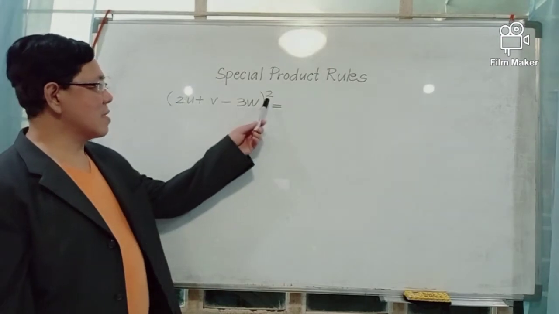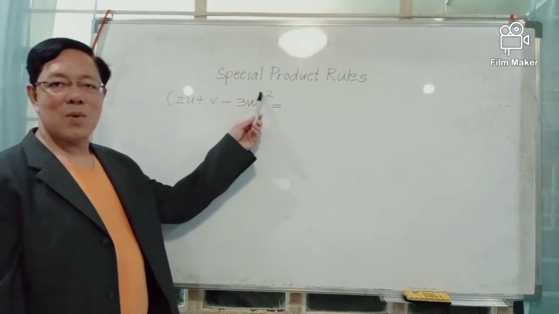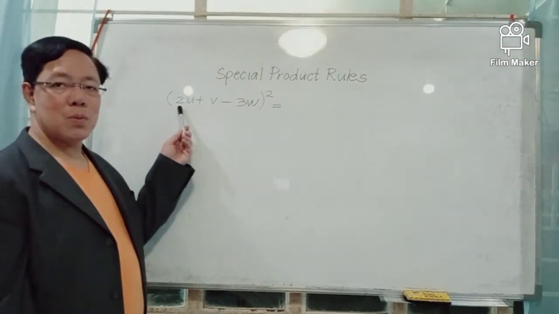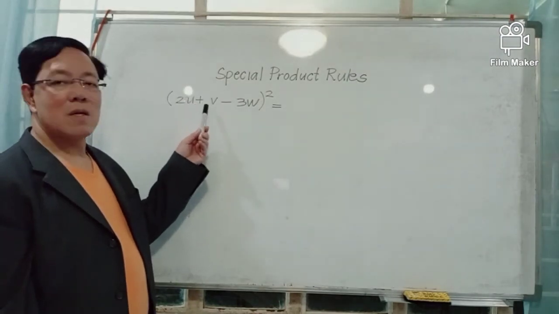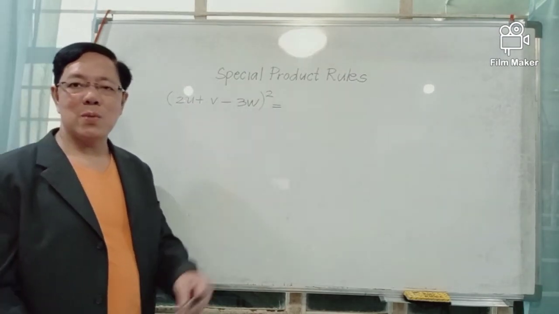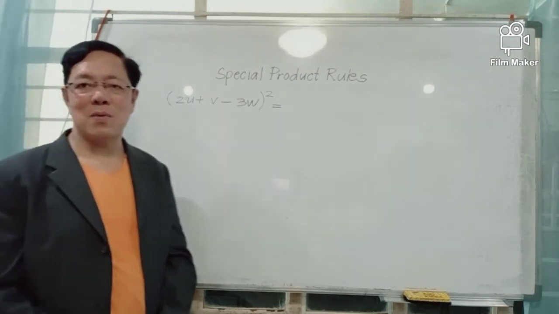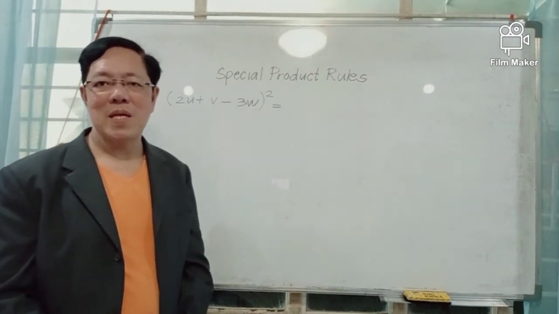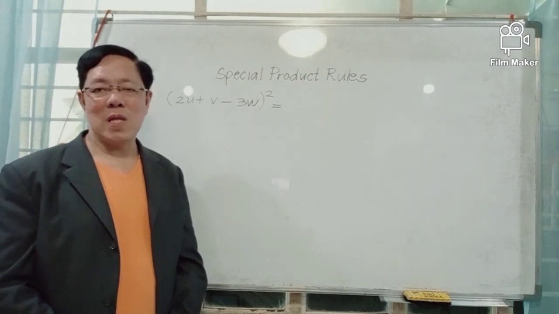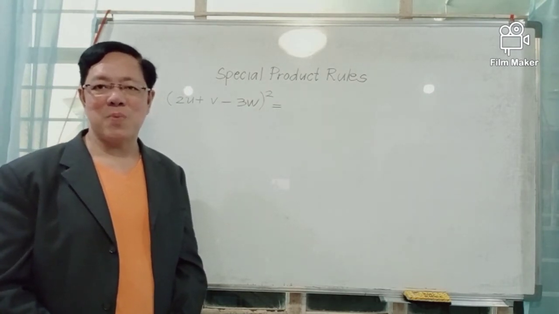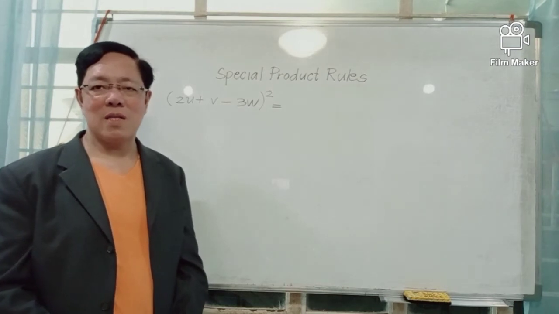If you rewrite this as the square of the sum of 2u and v minus 3w, then you will apply first the second special product rule for the square of a sum, and then you will apply the third special product rule for the square of a difference.